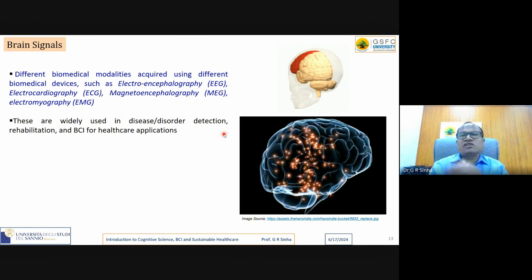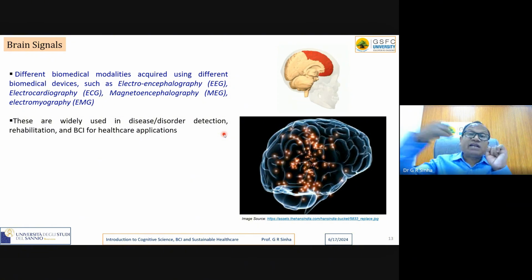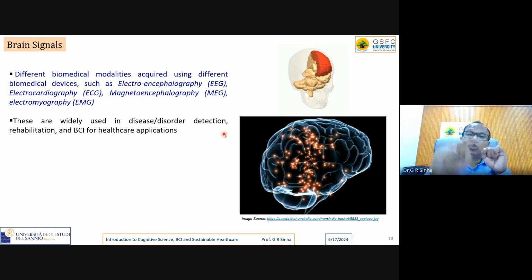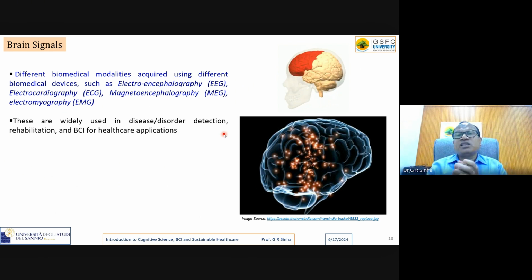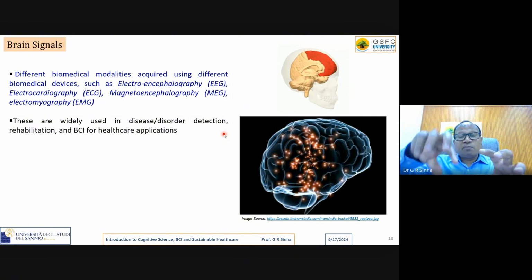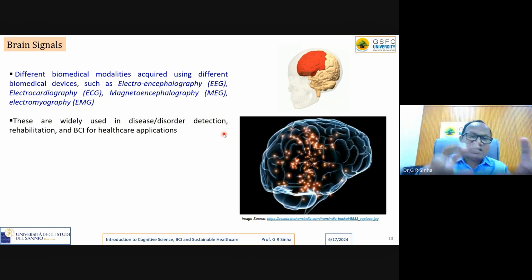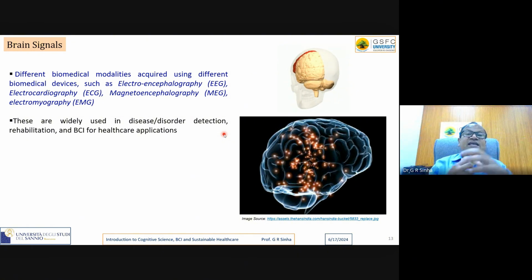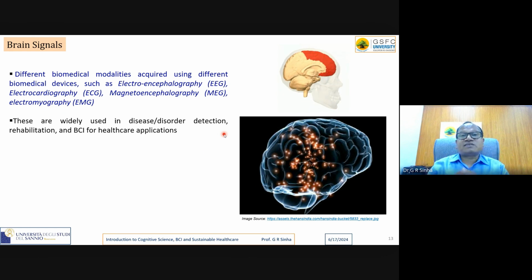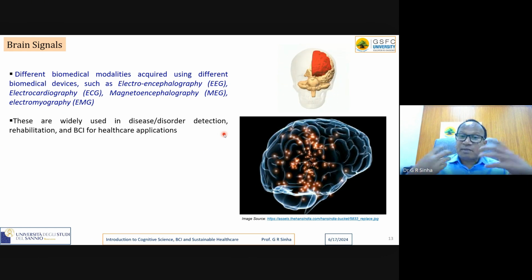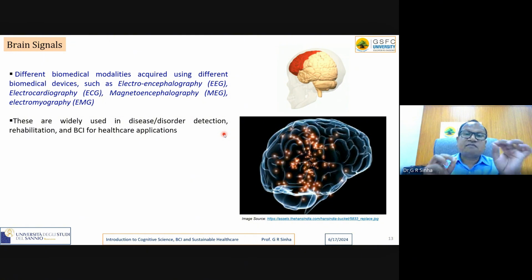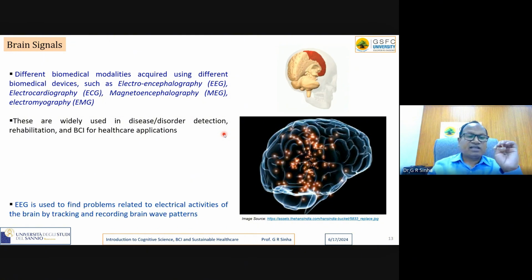Find out the difference between the two. An equivalent feedback signal can be given to the person who is suffering with disability or disorder. So this is how, with the help of feedback signal, some rehabilitation, as a prevention of disease, as a treatment of a person, can be given, called rehabilitation.